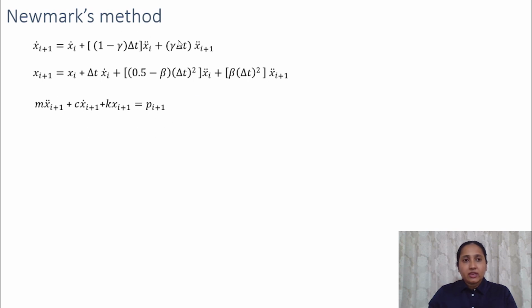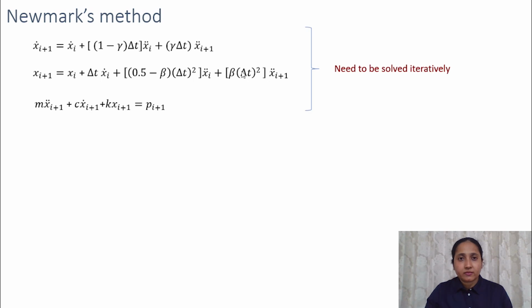So we cannot calculate the value of acceleration explicitly. So we need to solve these equations iteratively. These three equations can be solved iteratively, and the values for displacement, velocity, and acceleration at a time instant can be found out.